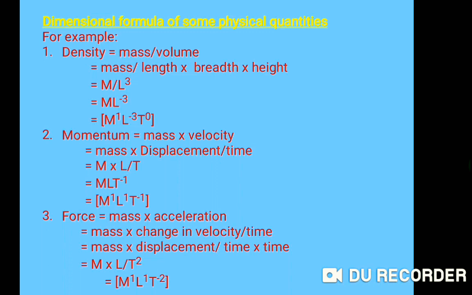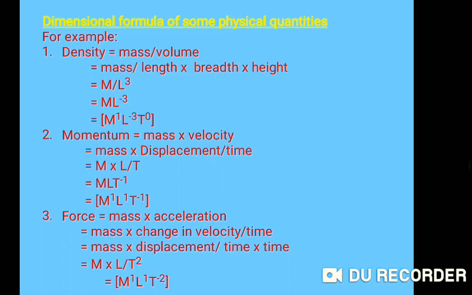So length into breadth into height is L raised to power 3. Mass is termed as M and volume is L raised to power 3. Now L cubed, being in the denominator, moves to the numerator with a negative power, so it becomes M L minus 3. So the dimensional formula of density is M1 L minus 3 t raised to power 0, because time is not there in density. So we can say the dimension of time is raised to power 0.